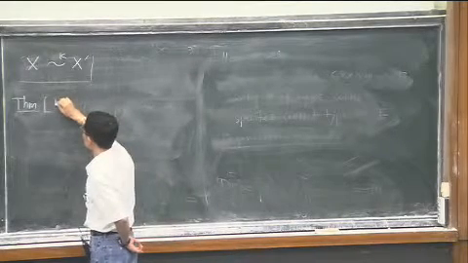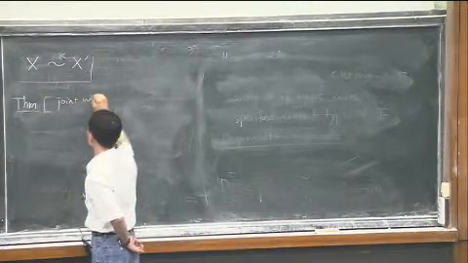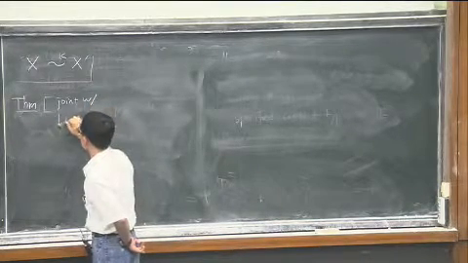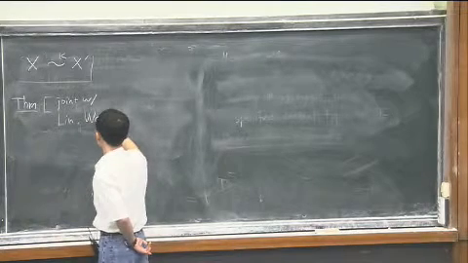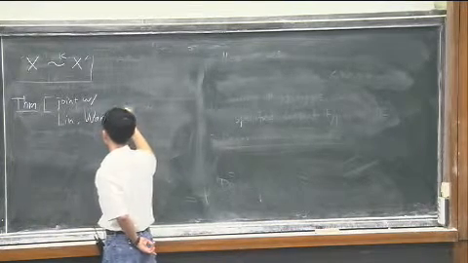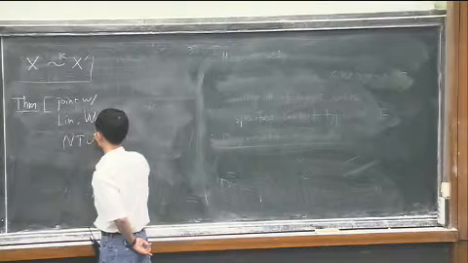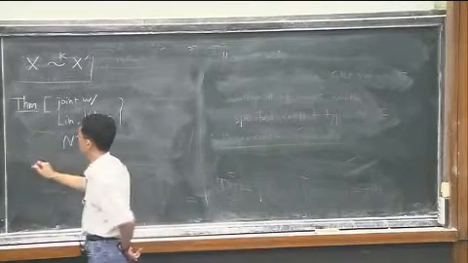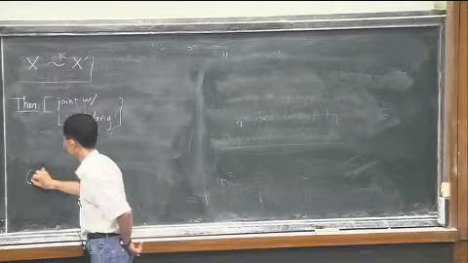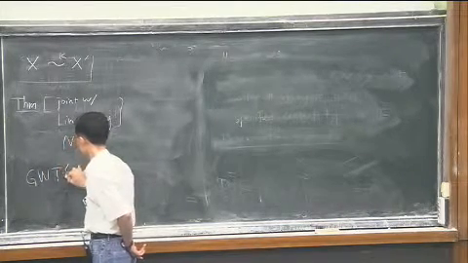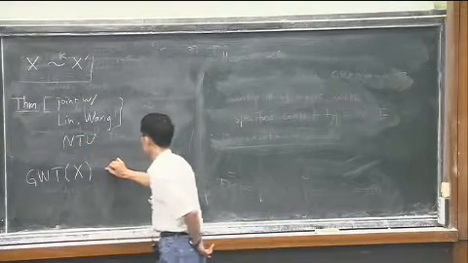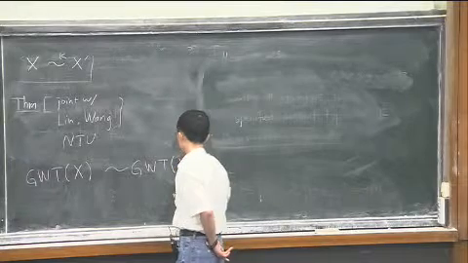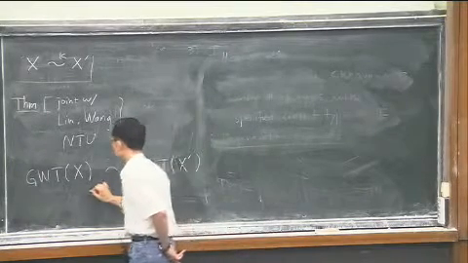It's joint work with Professor Lin and Wan from National Taiwan University. In this case, the Gromov-Witten theory of X is actually the same as the Gromov-Witten theory of X prime for all genus.